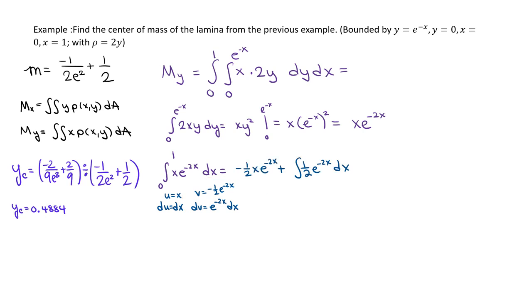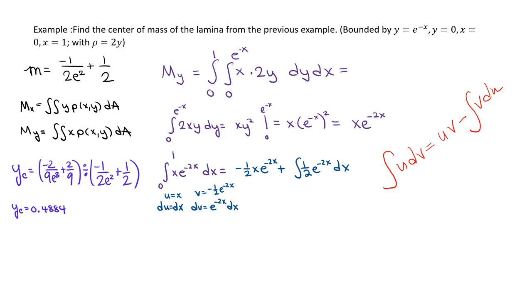All right, so using integration by parts, the formula is basically when we integrate u dv, we should get u times v minus the integral of v du.